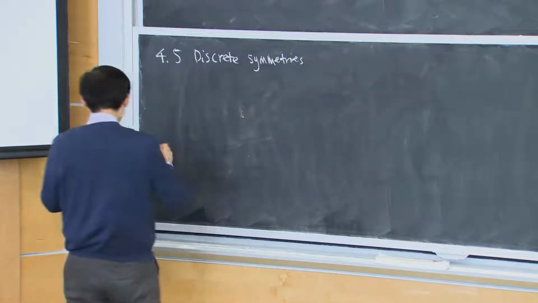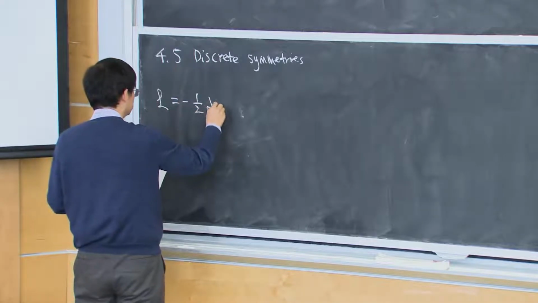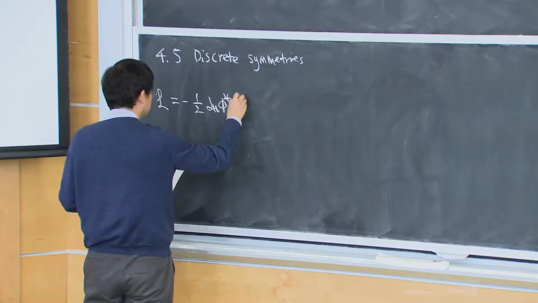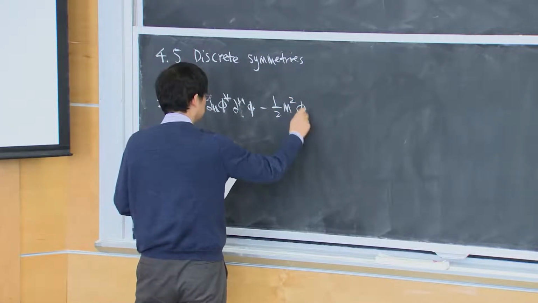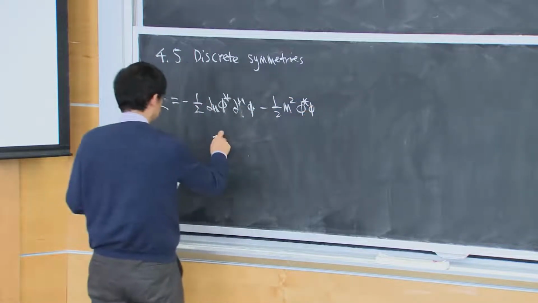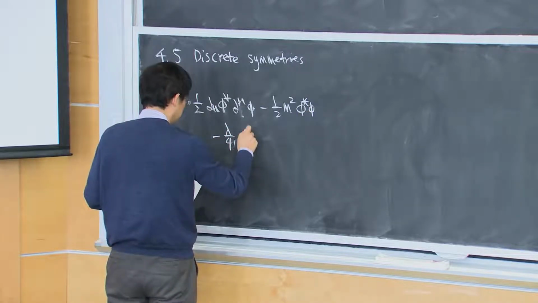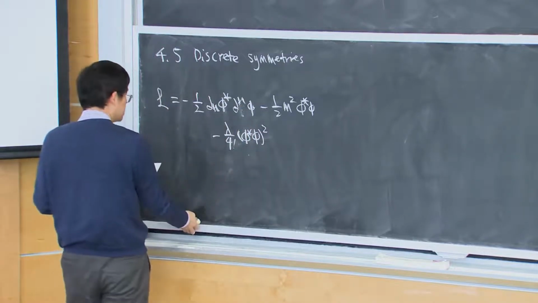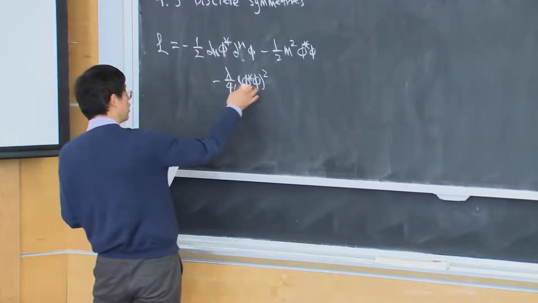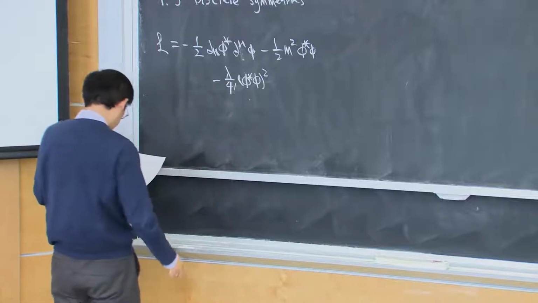If you have a complex scalar theory, then in addition to a U(1) symmetry, classically there are also discrete symmetries.